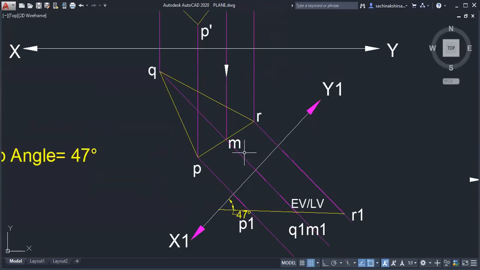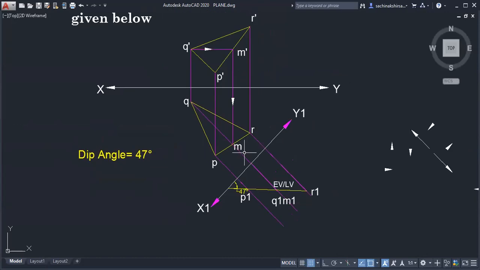Okay, and there is a concept of dip direction. We have to show the dip direction. It is not possible to ask for it online, but it is mentioned in the problem: also show the dip direction. For this plane, which end is near to the reference line X1, Y1, P or R? P1, the P end.